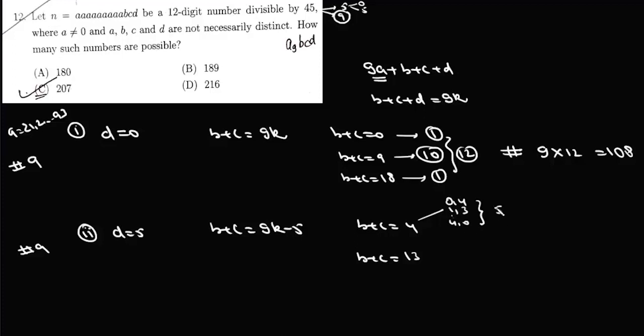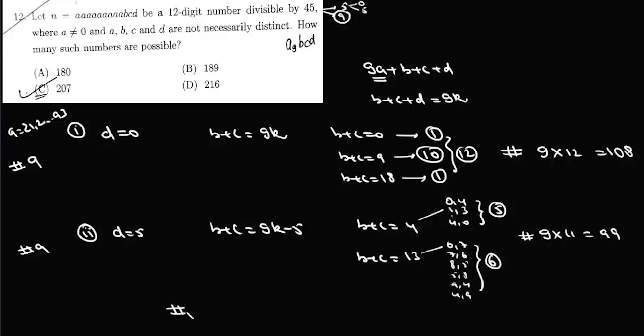So total 5 choices, and for 13 it is 6, 7, 7, 6, 8, 5, 5, 8, 9, 4 and 4, 9, and there'll be 6 cases. So in this case, we'll have 9 into 11 numbers and there'll be 99 numbers.